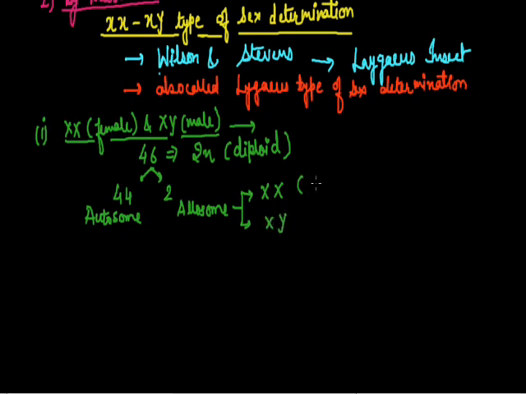Then you can say female is homogametic because she forms the same kind of gametes, while male is heterogametic because during gamete formation male will form two different kinds of gametes.